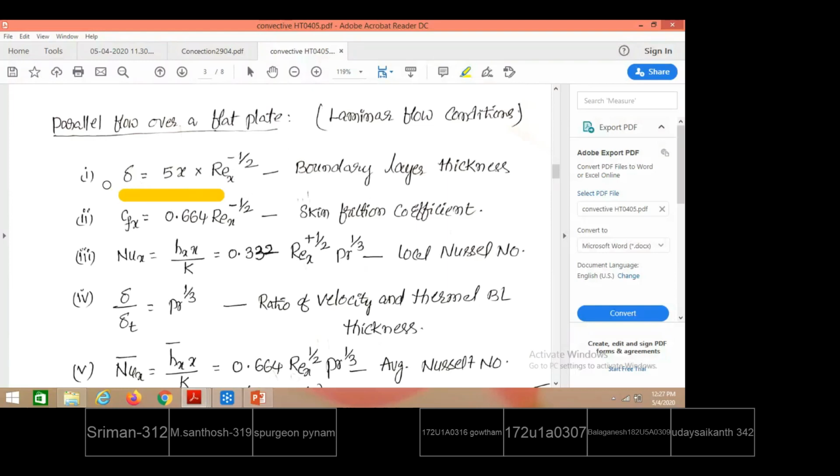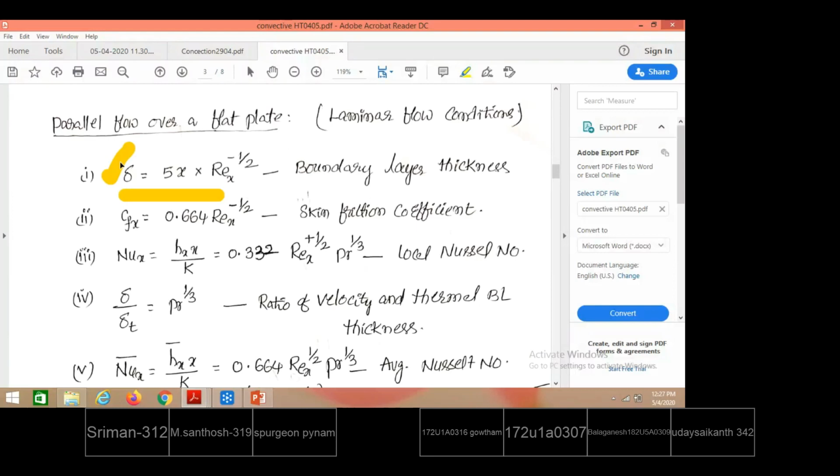So this is the hydrodynamic boundary layer thickness. How do you get it? 5 into x, where x is the position along the plate at which you want the boundary layer thickness, times the Reynolds number at that location to the power minus 0.5, or minus 1 by 2. This relation is given, and it is available in the data book also.